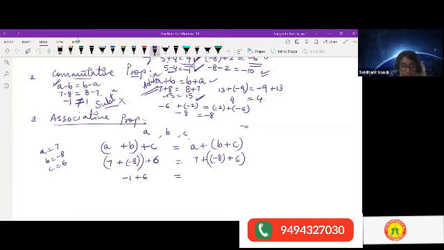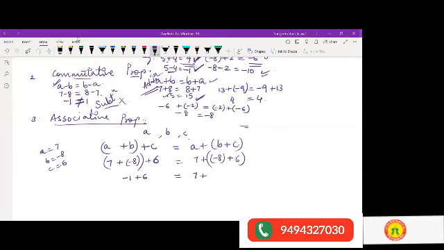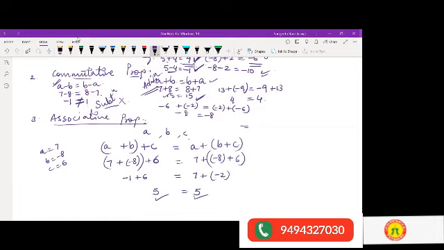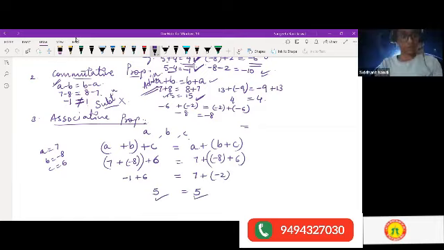And here, if this is 7, we first solve the bracket. This becomes 6 minus 8, which is minus 2. So 7 minus 2, I'm getting 5. I'm getting 5. So my answer remains the same on both sides, left side also, right hand side also. Okay.